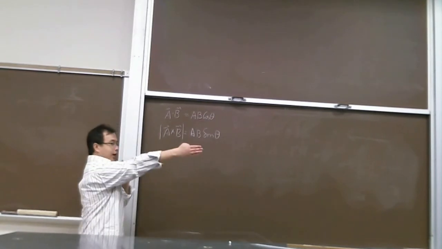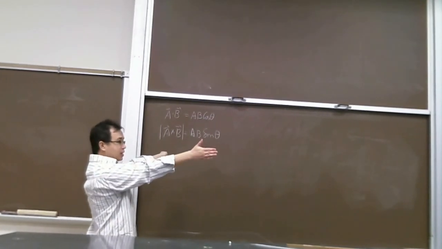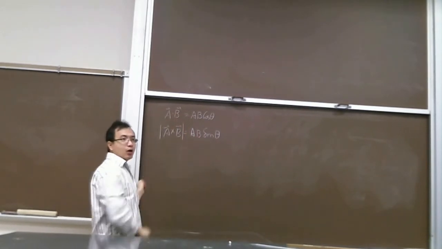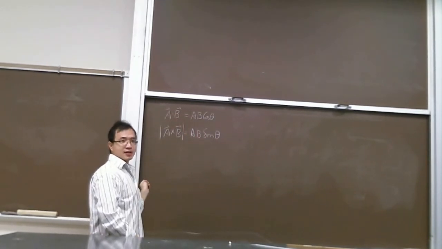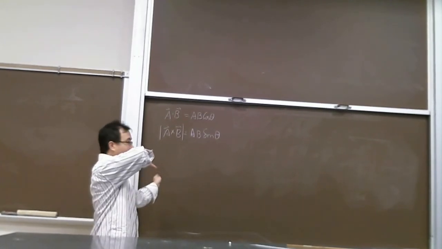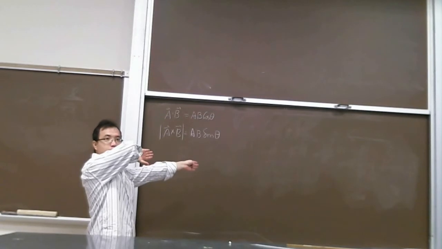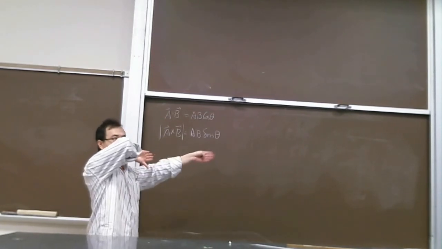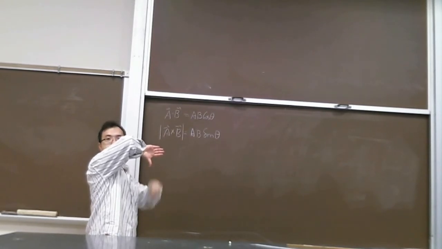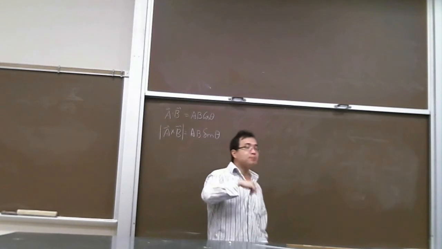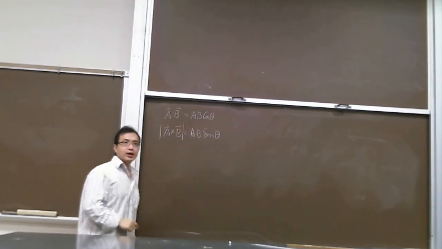For A cross B, the direction is upward. But if I do B cross A, I have to point my fingers to the direction of B, and then bring them to A. So it's downward. B cross A is in the opposite direction of A cross B.